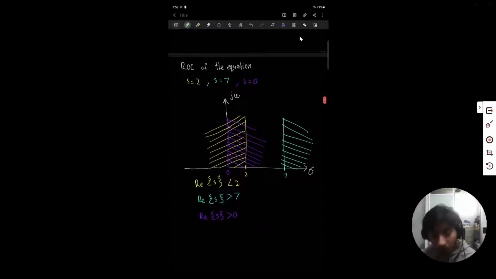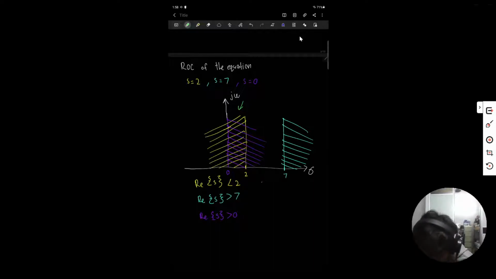We again sketch the graph of the ROC. Same as just now, we have a vertical strip. If you look at 0 and 7, both of them are going to the right side, so it means we have a rightmost ROC. And if you look at 2 and 7, we will have a divergence again.